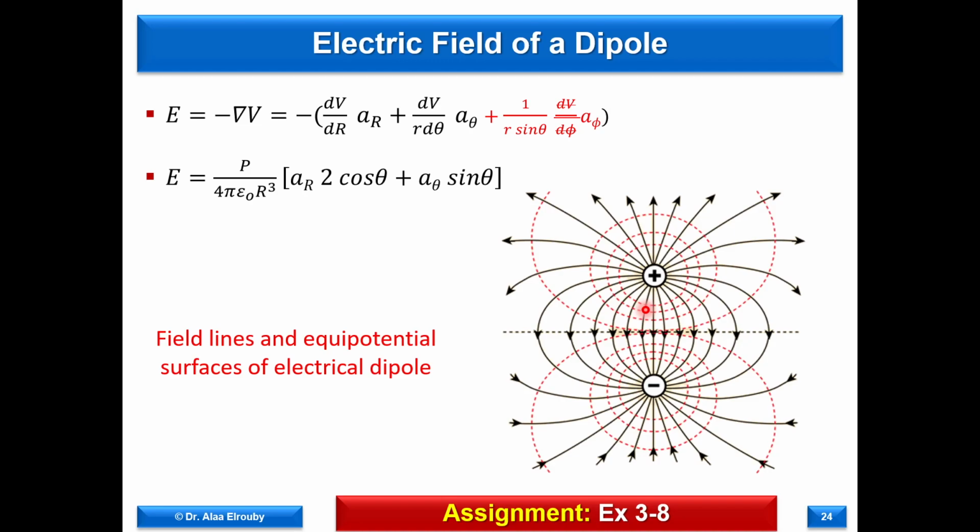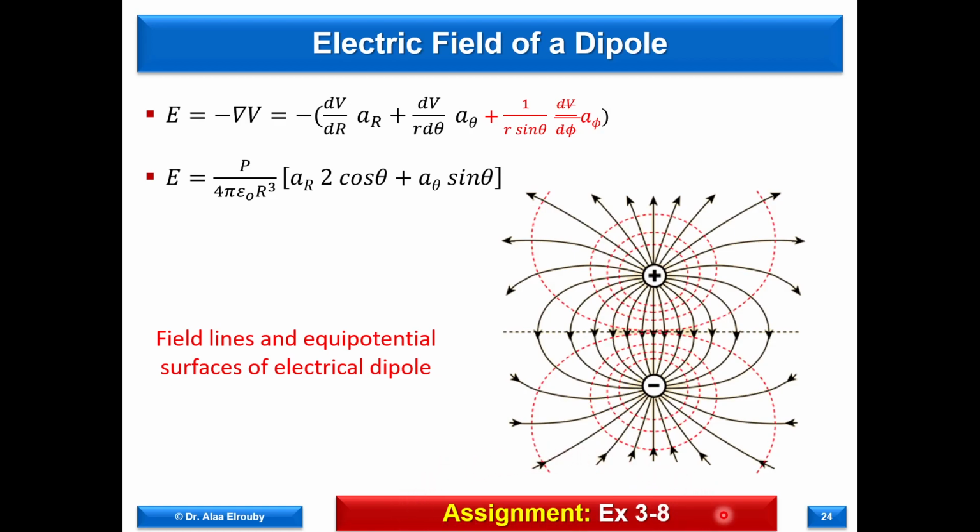If we rotate, you will find this is a surface, but we are taking just a cross section. This surface here is an equipotential surface. This is the equipotential surface of 0 because of symmetry, and all the fields must be normal to this surface that is midway between the positive charge and negative charge.